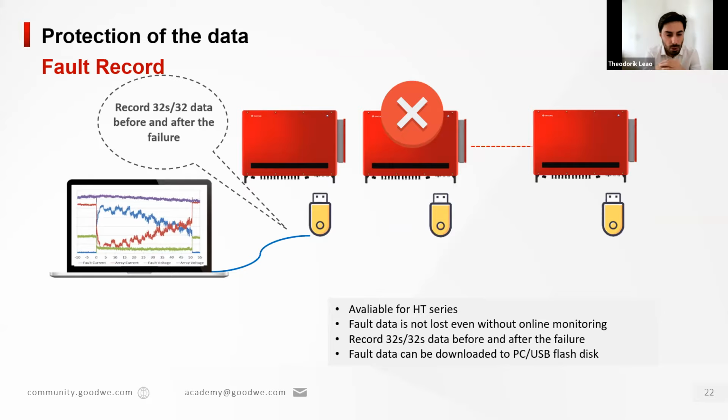However, it is not always easy to know the cause, but in this case, our GoodWe inverters, for example for the HT series, if they're connected to the internet, you can of course track that there, but even if they're not connected to any server, it's possible to access the damaged inverter with a USB stick and retrieve the last couple of data before and after the accident to analyze and see what could have caused it.